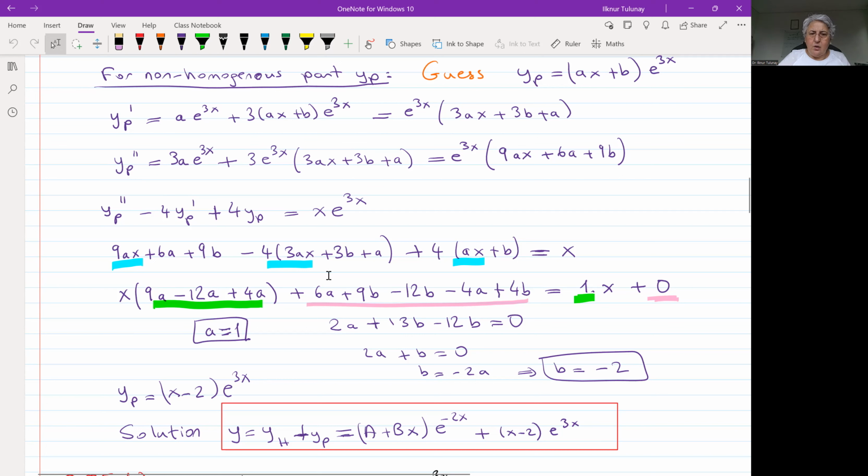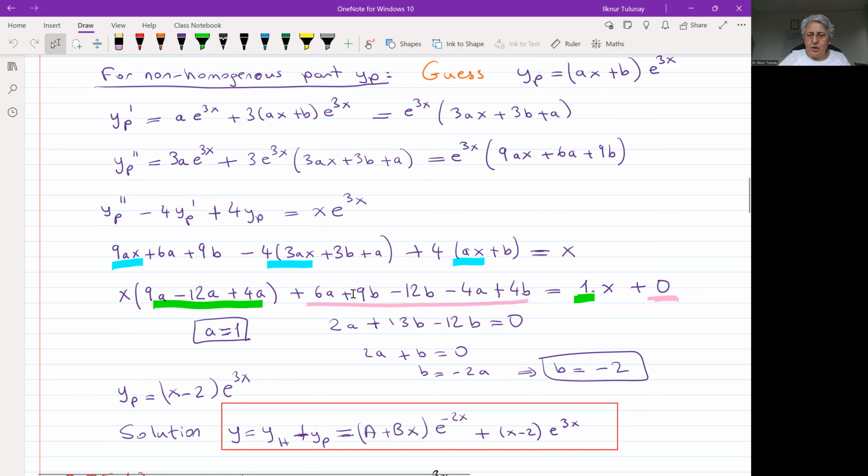From here, we have the constant terms. What are the constant terms we have? 6a plus 9b, minus 12b, minus 4a, plus 4b. To organize this, 6a minus 4a is 2a.